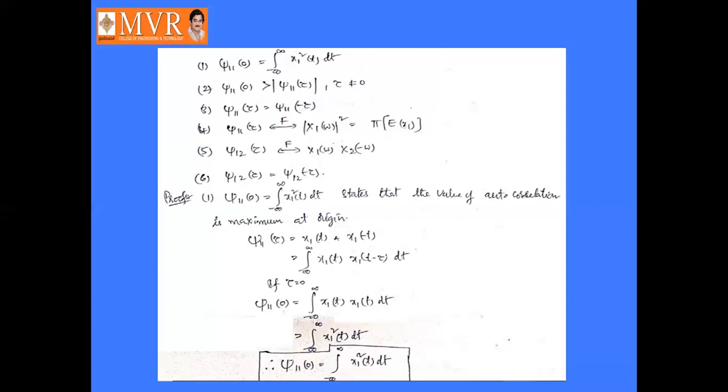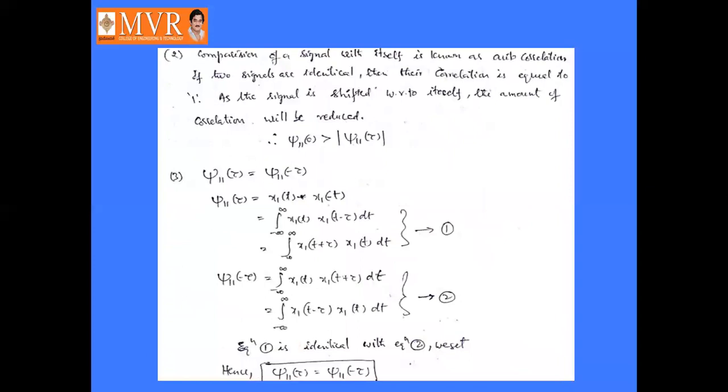And the second one: comparison of a signal with itself is known as autocorrelation. As you already know, if two signals are identical, then their correlation is equal to 1. As the signal is shifted with respect to itself, the amount of correlation will be reduced. Therefore, phi11 of 0 is greater than mod phi11 of tau. Here, tau is not equal to 0.